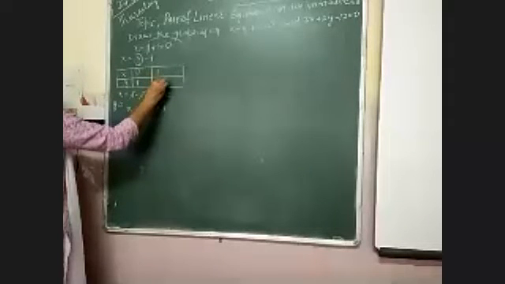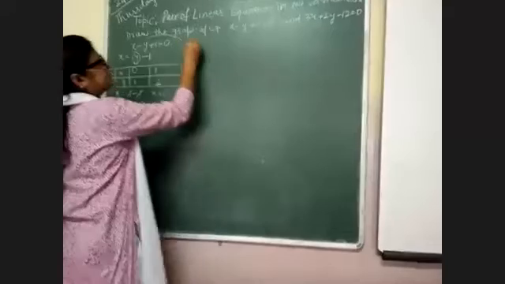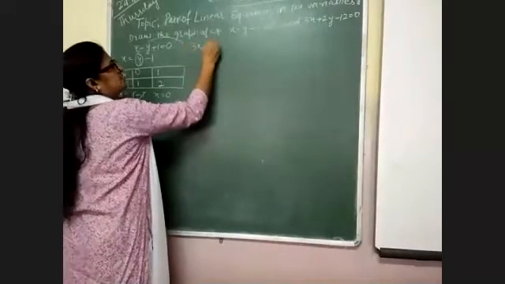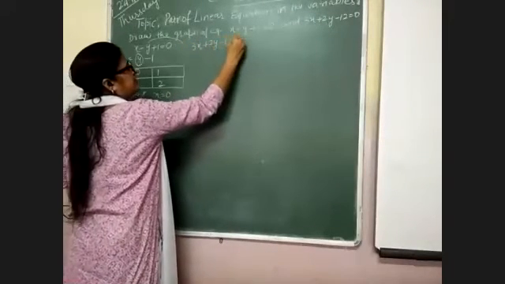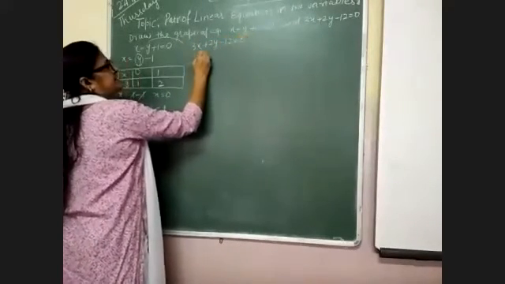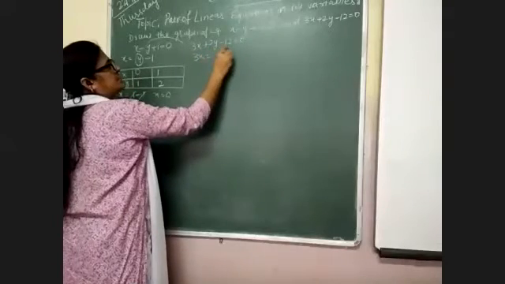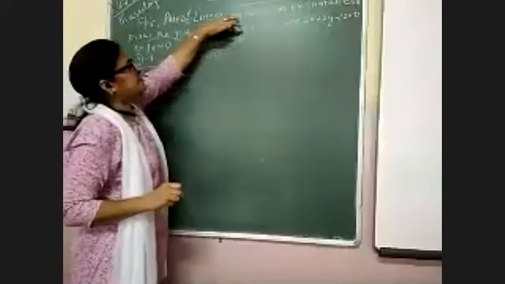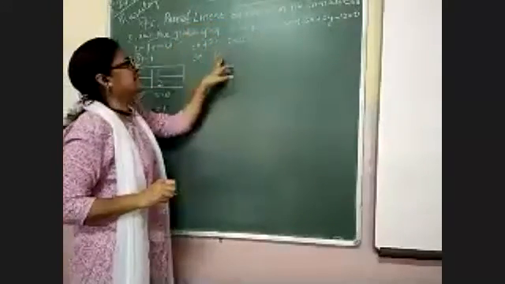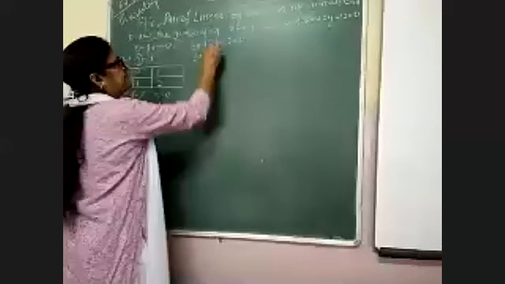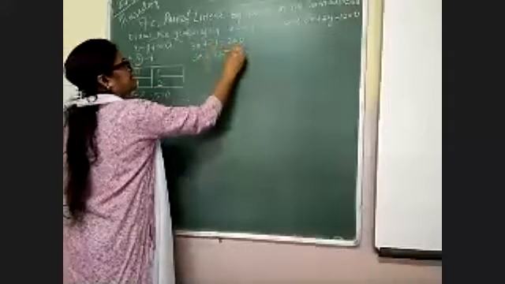And your second equation is 3x plus 2y minus 12 equal to 0. Then 3x equal to 12, when we transpose the minus 12 to the right hand side, it becomes positive, minus 2y.